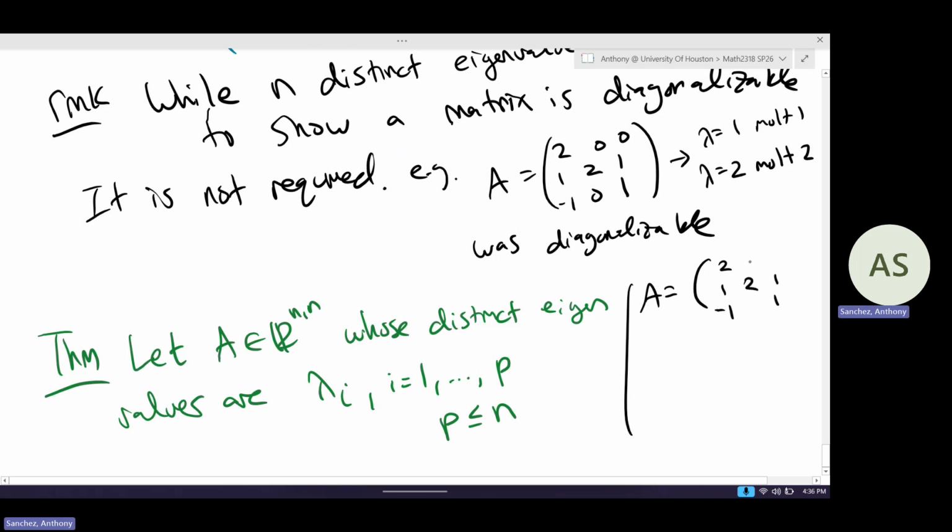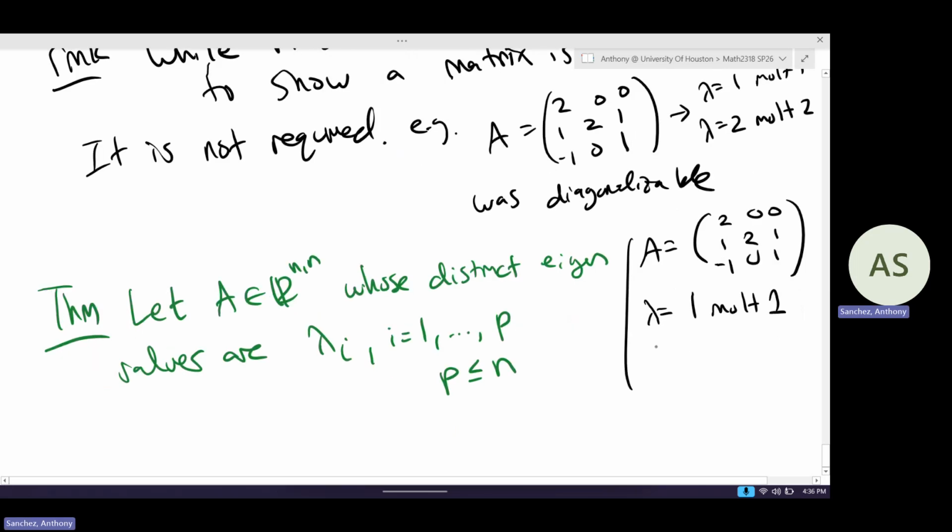So this one that I just wrote above us here had lambda equal to 1 with multiplicity 1, and the eigenspace, the null space of A minus I, was given by the span of (0, -1, 1).